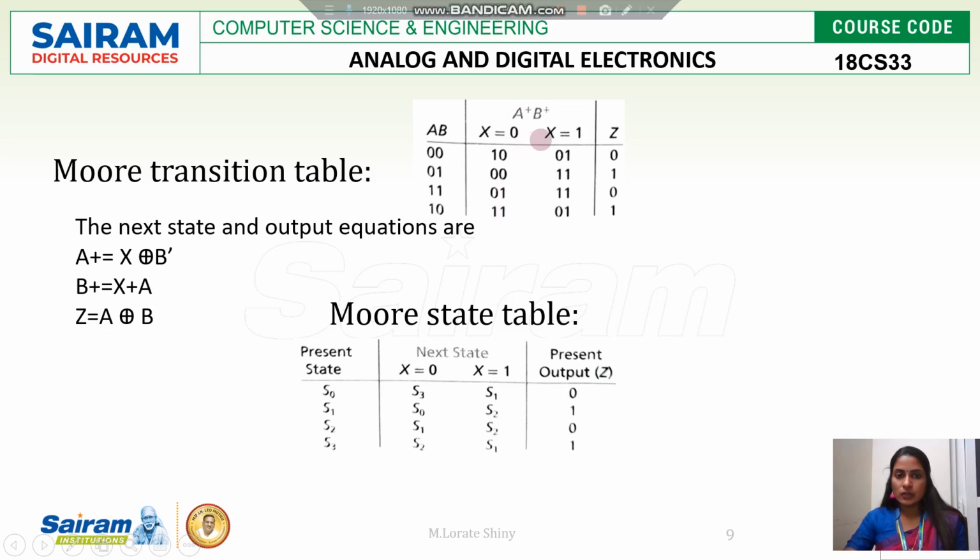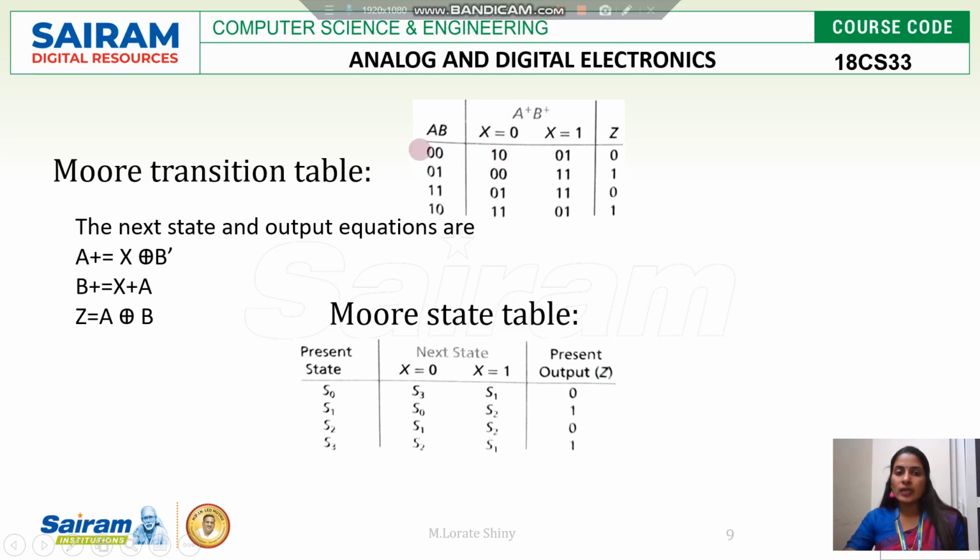Then a is equal to 0, b is equal to 0 and x is equal to 1 means I will get this. So all the inputs I will substitute and I will find what is my next state when x is equal to 0 and when x is equal to 1. Then z. In this equation I will substitute first 0 0, I will get this, 0 1, I will get this next output. Like that for all the 4 combinations I will find my z.